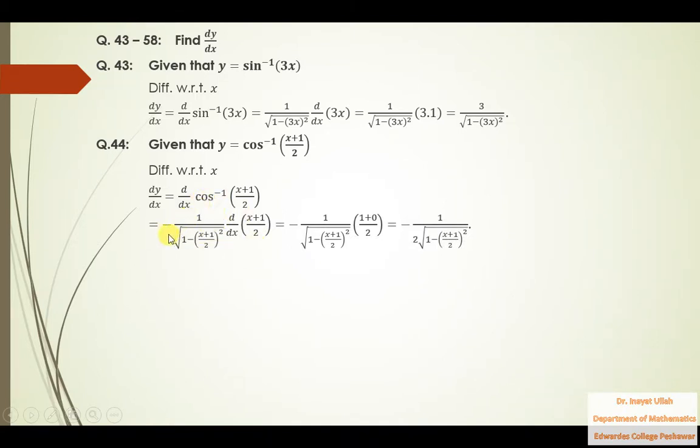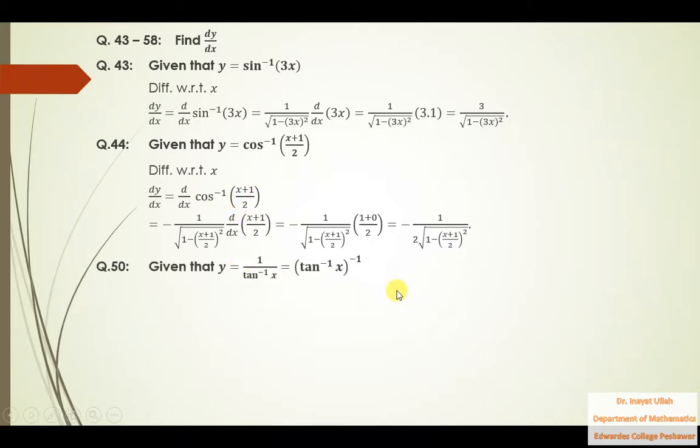So that is the negative of 1 divided by the square root of 1 minus angle square, times the further derivative of this angle (x plus 1) by 2. Now the derivative of x is 1, the derivative of 1 is 0, so that is 1 plus 0 by 2, and multiplying this one with this one, 1 ones are 1, and writing this 2 in front of this square root, we get the derivative of cos inverse of (x plus 1) by 2.